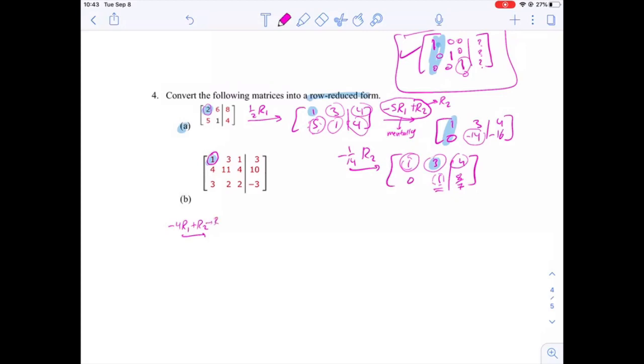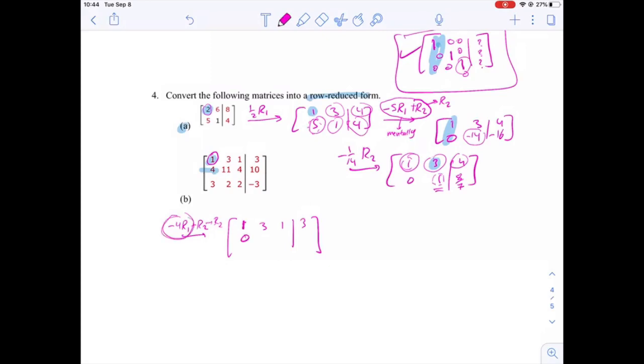And then replace that with, that will replace row 2. So we have 1, 3, 1, 3. This is the first row. Now we multiply the first row by negative 4. Negative 4 times 1 is negative 4, plus 4 is 0.